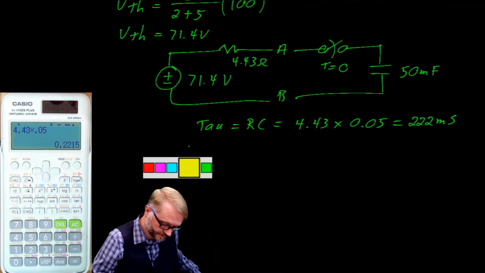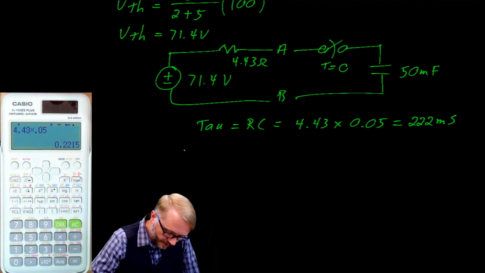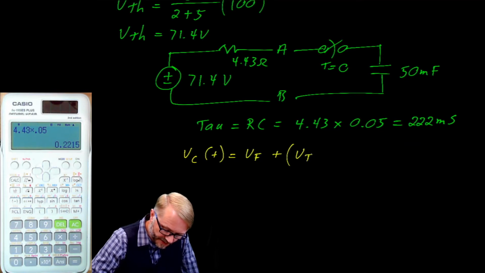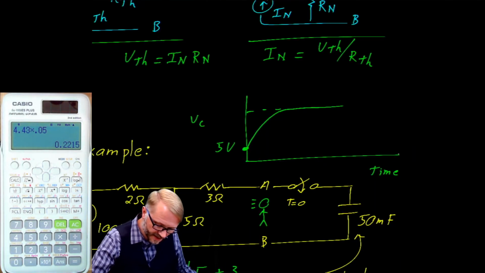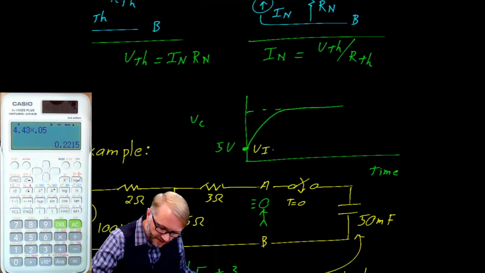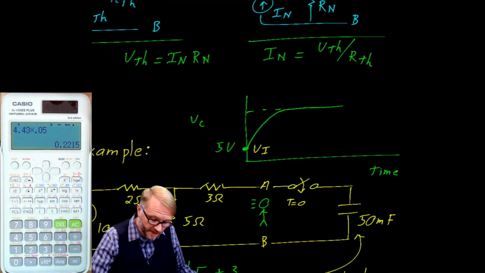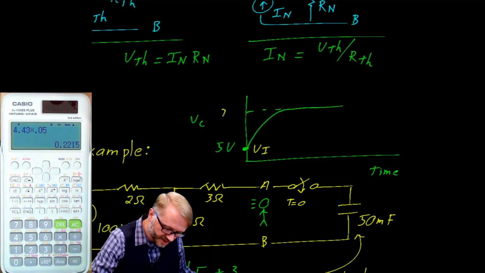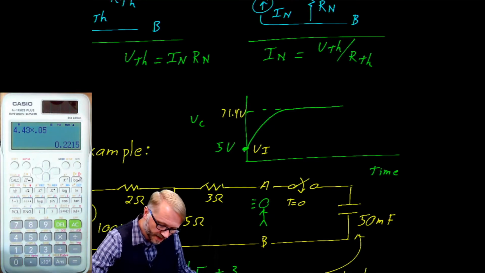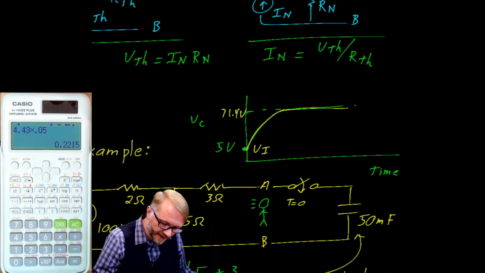Now, recall the voltage on a capacitor as a function of time is equal to the final voltage plus the initial voltage minus the final voltage, times e to the negative t over tau. I think we drew a picture up here where we said the initial is going to be equal to 5, and our V final in this case is whatever V Thévenin was, so our final voltage will be 71.4 volts. And again, it's going to follow this curve here as it charges.